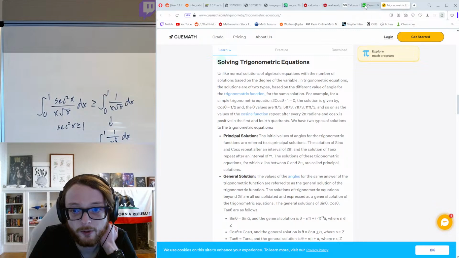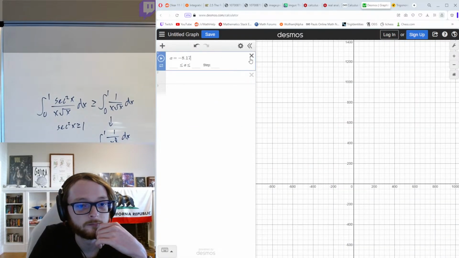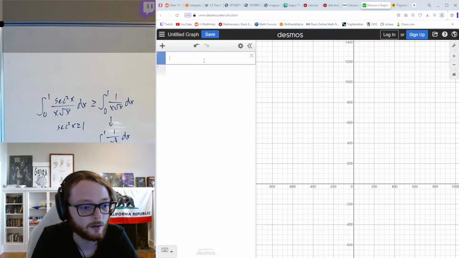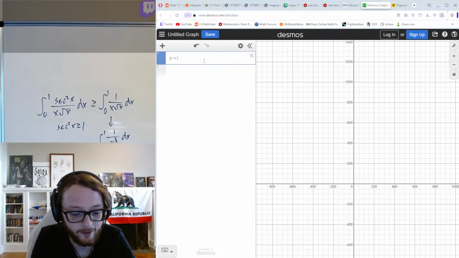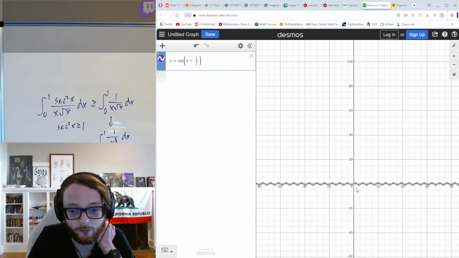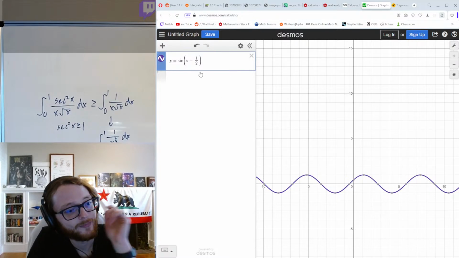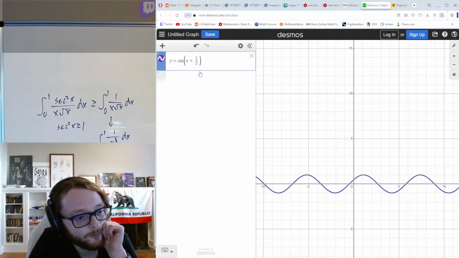Okay, you know what we can do? We can actually use Desmos for this. So let's let everything else be 1, I guess. If we just have y equals sine of x plus 1/2. The first point 0 and period point pi.